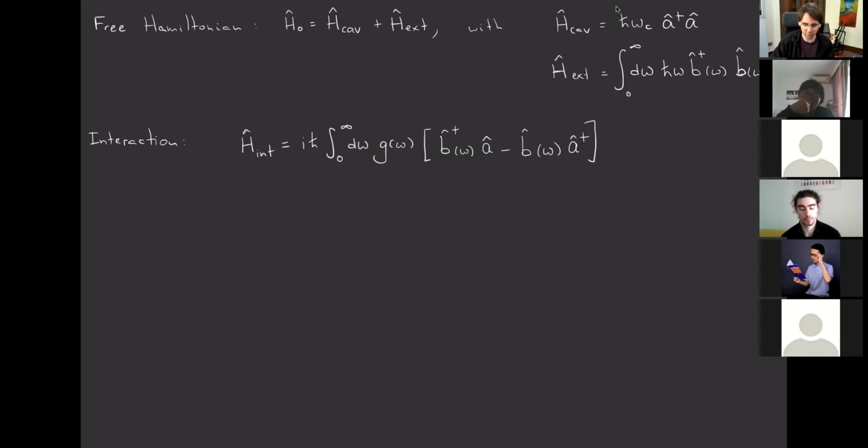Now, why this specific combination, B dagger A and B A dagger? Energy conservation, also from the previous chapter. We know that the combination, for example, B dagger A dagger, would be suppressed by energy conservation.